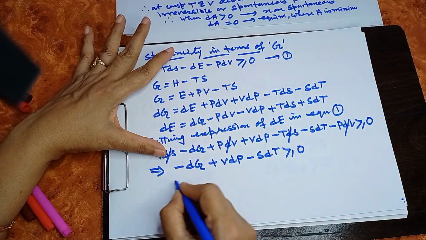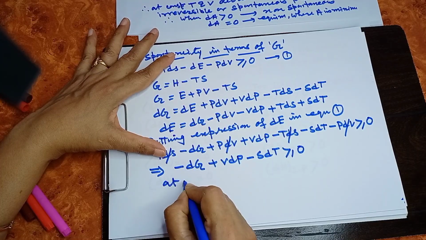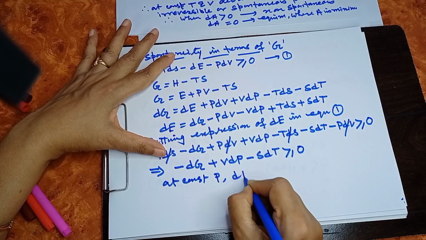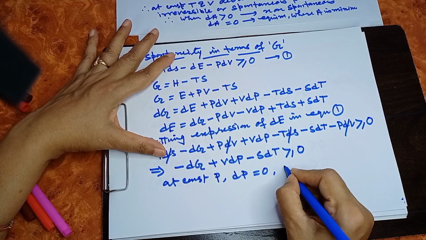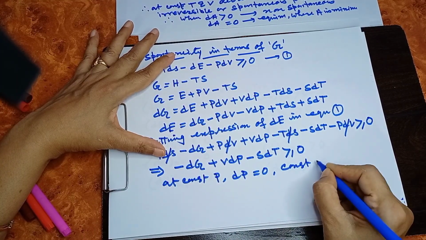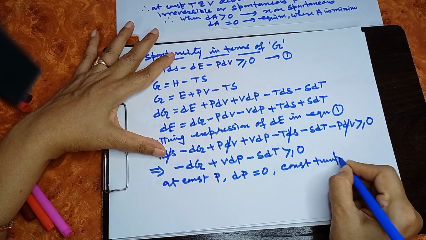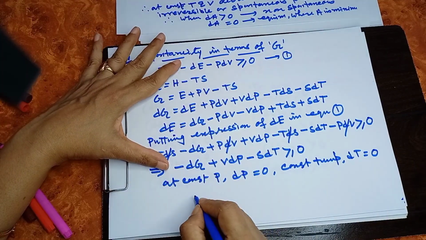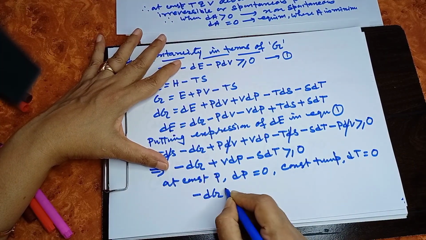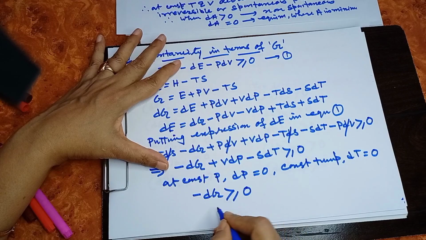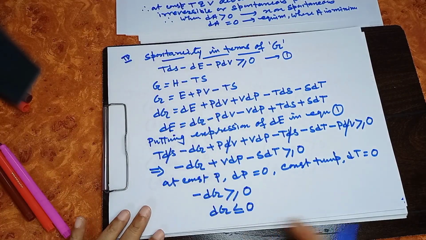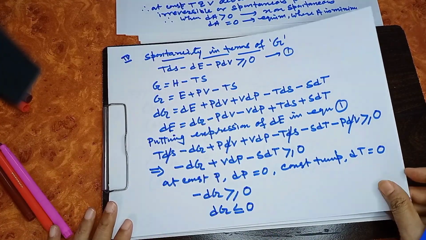So at constant pressure, dP is equal to 0, and constant temperature, dT is equal to 0, then minus dG greater than or equal to 0, or dG less than or equal to 0. This less than indicates the irreversible. So what is the conclusion?